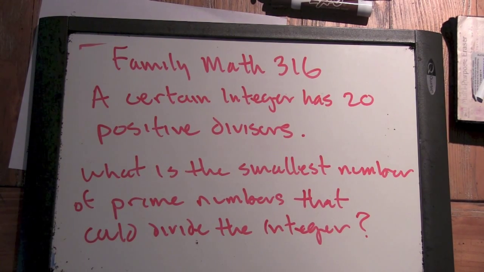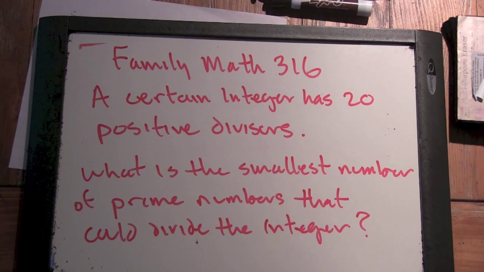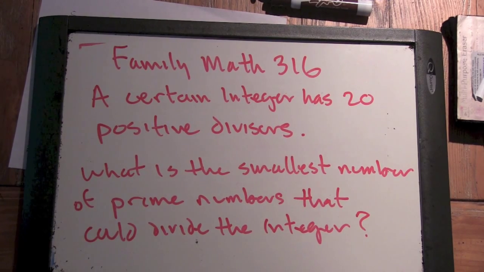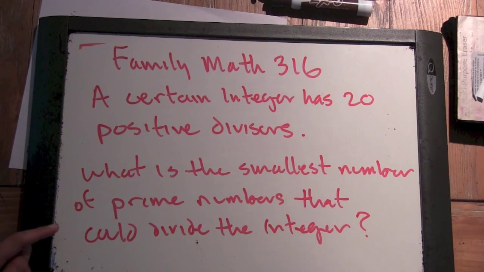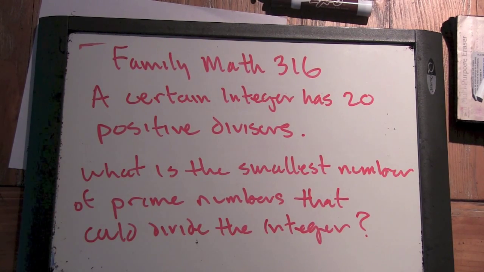Well, we could work backward and make the buckets first. So we have some number of buckets that multiply to be 20. You have a number in one bucket, some numbers in other buckets, and they multiply to be 20.